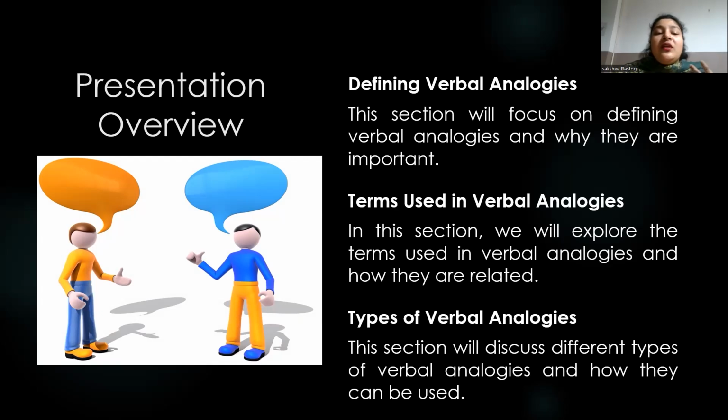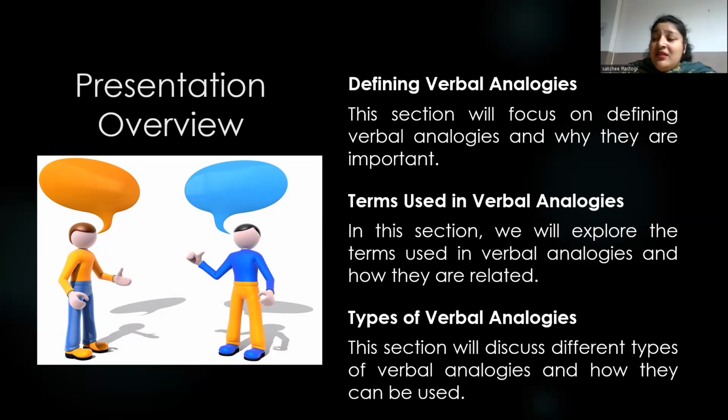Defining verbal analogy. So, how do you define a verbal analogy? Verbal analogies are a logical and linguistic exercise that compares two relationships between words or concepts. They involve identifying the connections between a pair of words and then applying the same relationship to another pair of words.